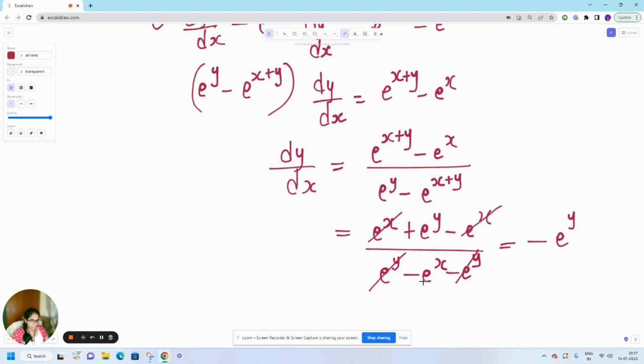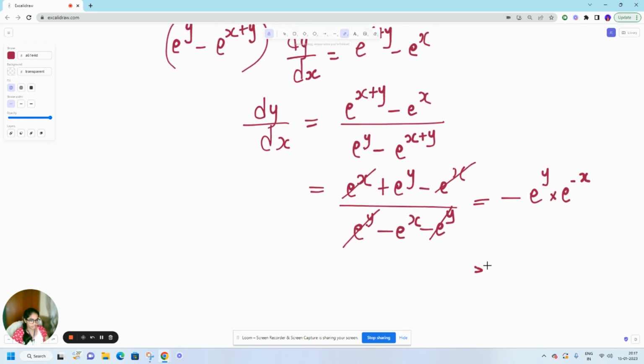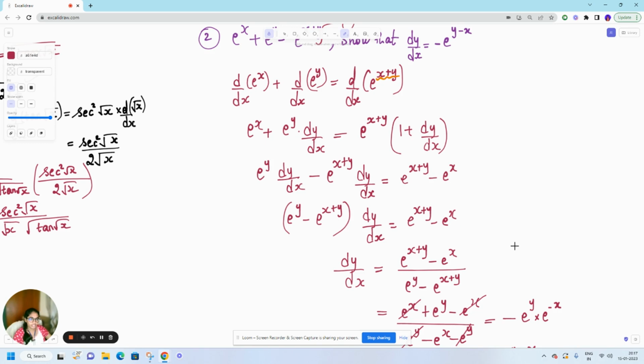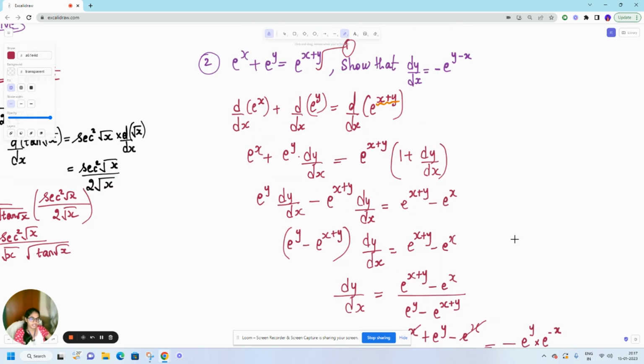In the denominator I have e^x. If it goes to the numerator, it would become e^(−x). Now, bases are same, so can I add the powers? I would get −e^(y−x). Did we arrive at the expected answer? That is dy/dx is equal to −e^(y−x).